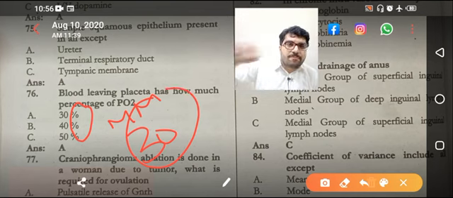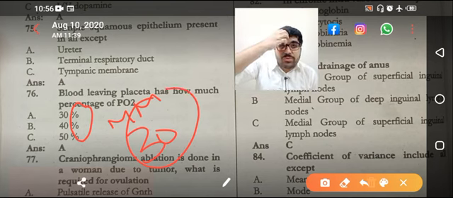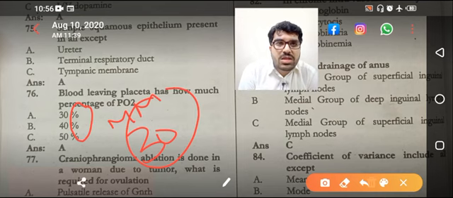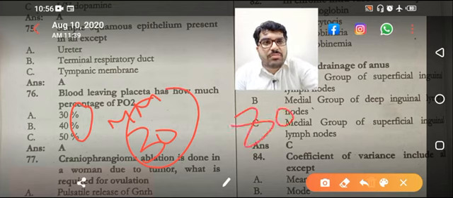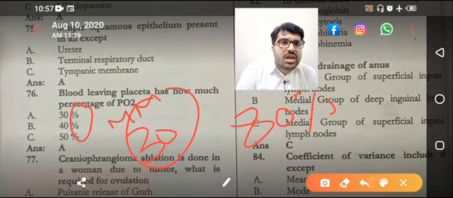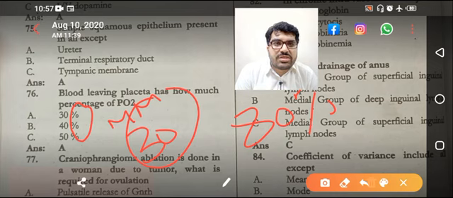So blood leaving the placenta is actually talking about the umbilical vein, because it leaves the placenta and carries oxygen to the baby, and that is having 30 mmHg of oxygen tension, and the saturation is 80%.